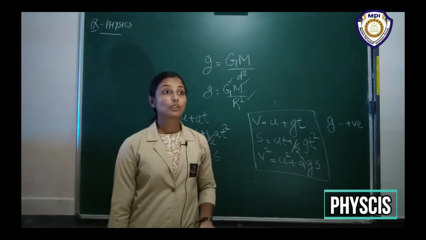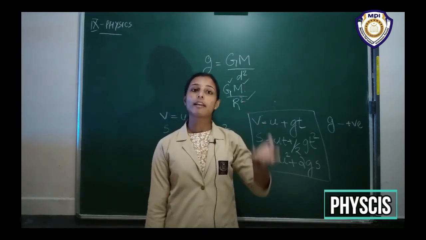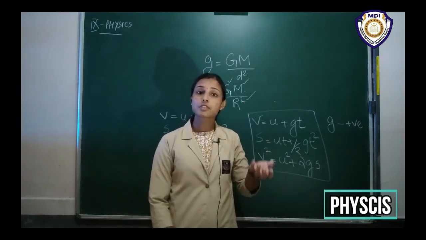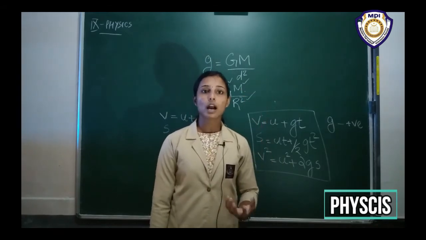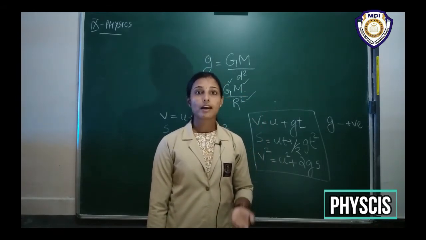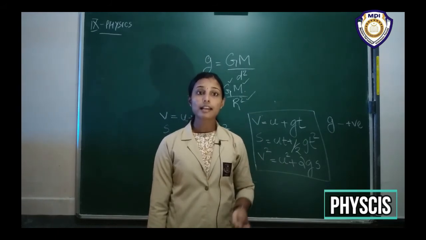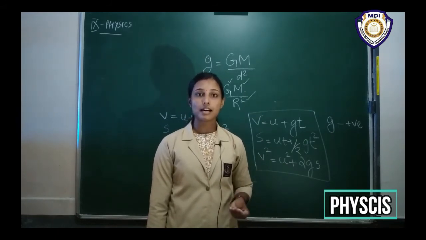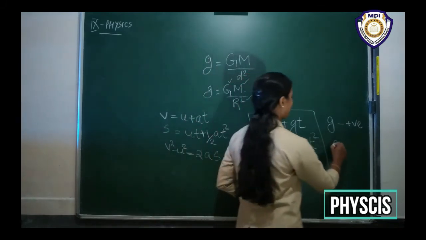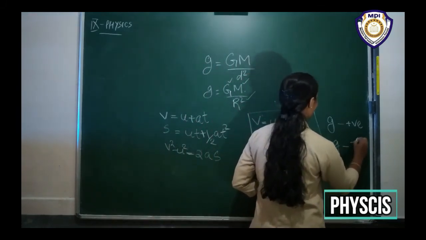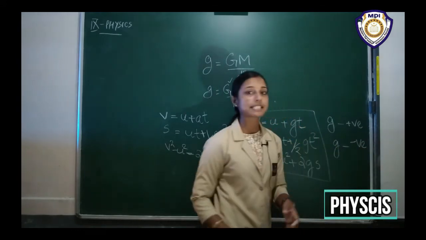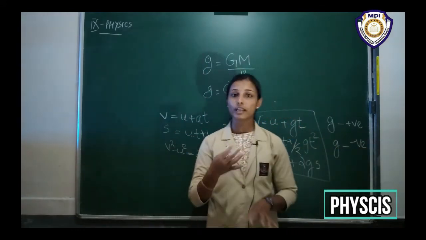But if we throw a stone upward, what happens? The stone has a tendency to come down, but we threw it upward. At that time, we take g as negative. That means the acceleration due to gravity is against the motion of that object.